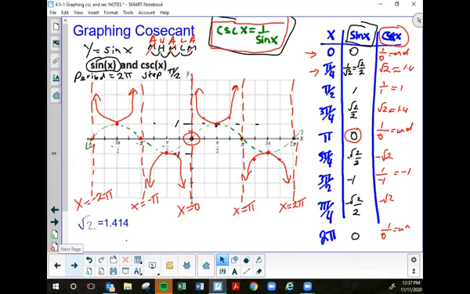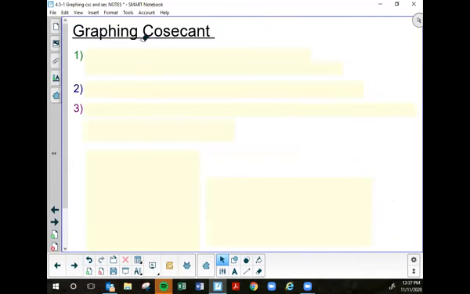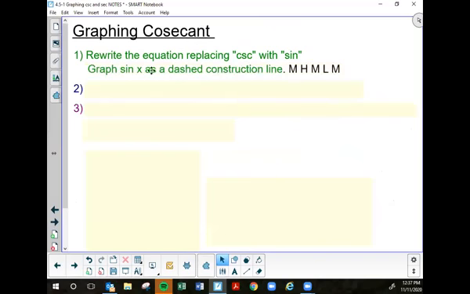If you want that in notes, here are some notes for you. Graphing cosecant: first of all, just rewrite your equation and replace the word cosecant with sine. Now, that's just going to give you a construction line. You're going to graph the sine of x, but just as a dashed line, really lightly or in a very low light color.